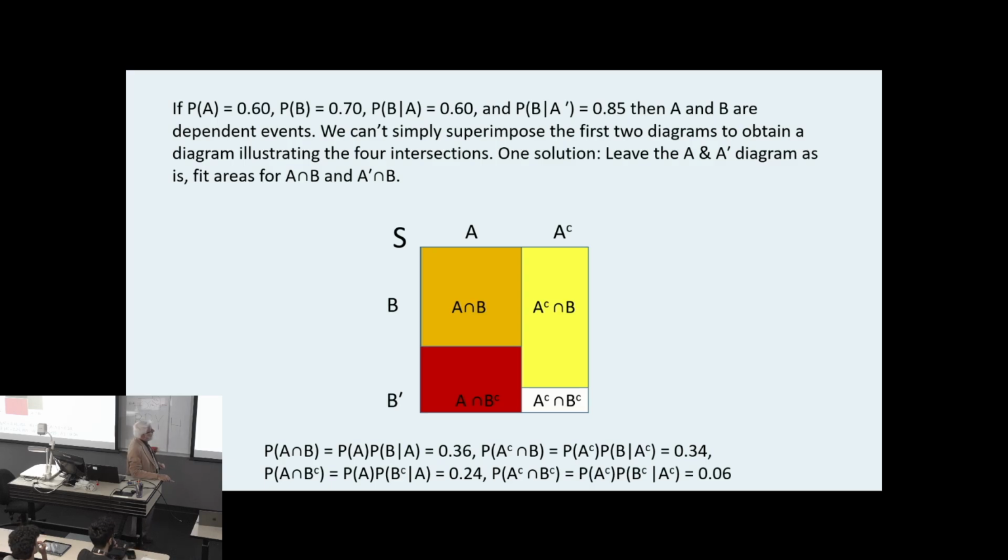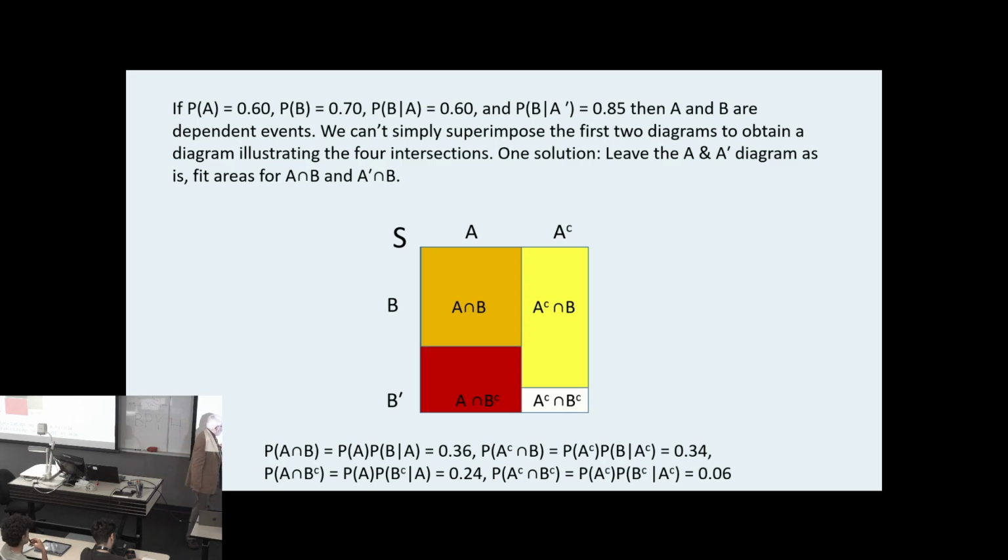And so that's going to mean automatically that these are dependent events, because the probability of B is not equal to the probability of B given A. Similarly, the probability of B is not equal to the probability of B given A complement. So it's trickier to do the diagrams now, because I can't just do A separately and then do B separately and then dump them on top of each other. I've got to solve all of my areas.